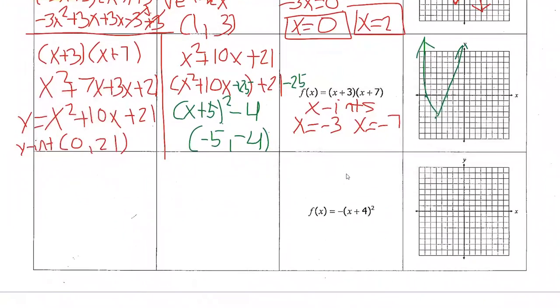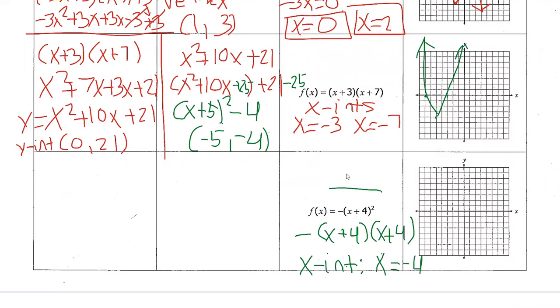So if you want to try this last one, they give you your factored form. Just remember, that square, you could really write it like that. So basically what they're telling us is we only have one x-intercept, and we're going to see what this means. Oh, I don't want to steal your thunder with this question, but you should notice this is also in vertex form already.